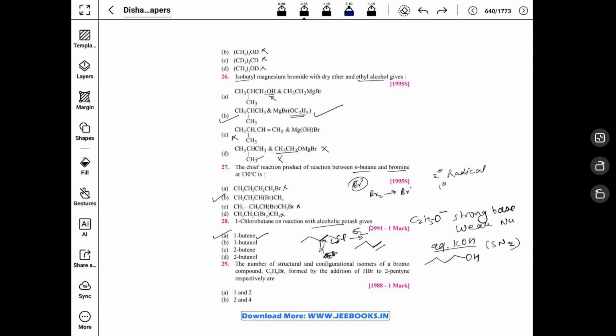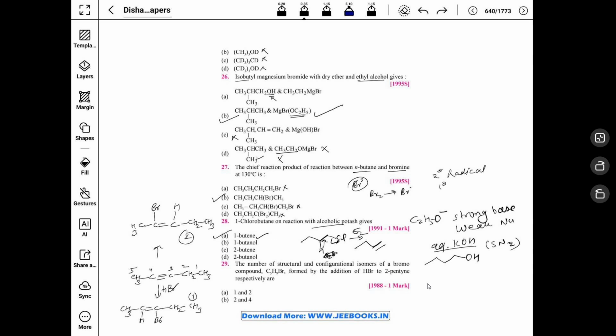Question number 29. This question is very important. HBr addition to 2-pentyne. So let's draw the structure of 2-pentyne. Okay, so this is the structure of 2-pentyne on reaction with HBr. There is a possibility that the proton can go at this carbon or at this one. So 1 and 2 are two different structural isomers.